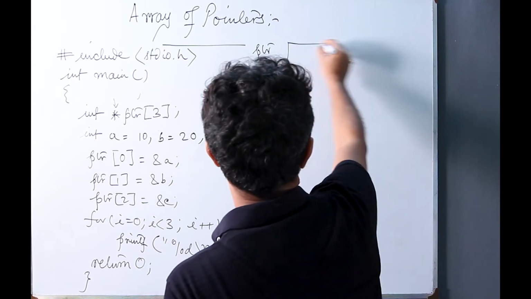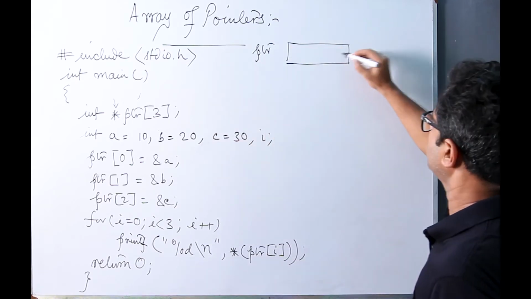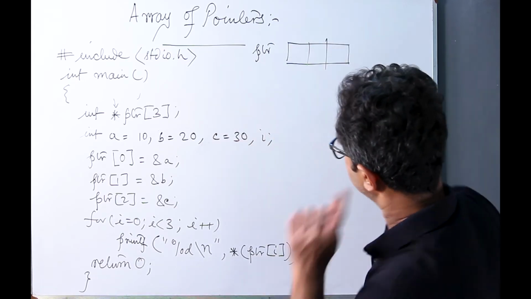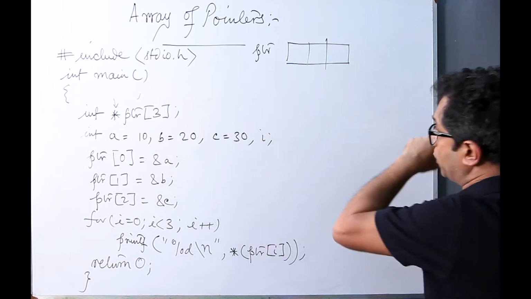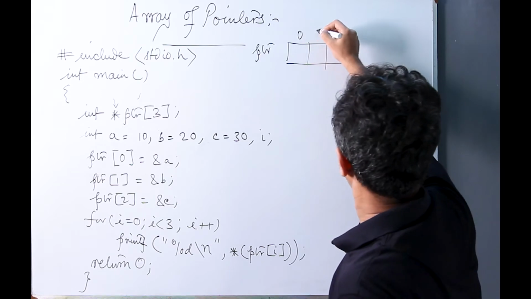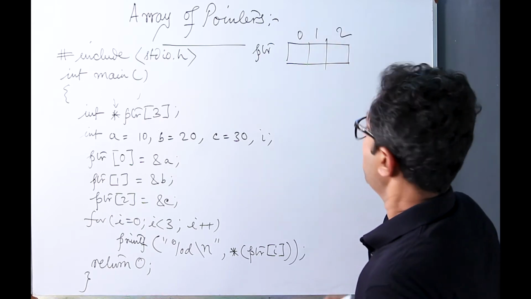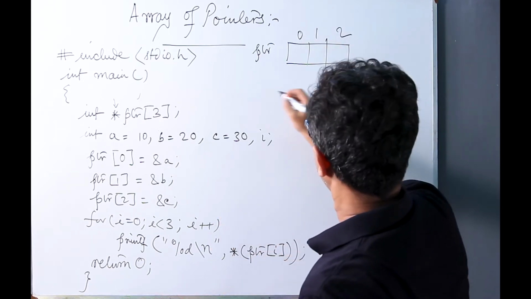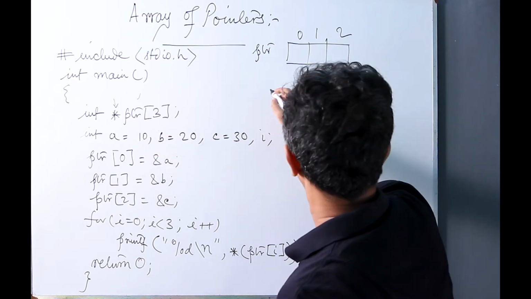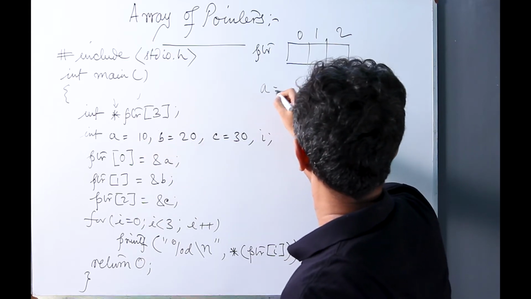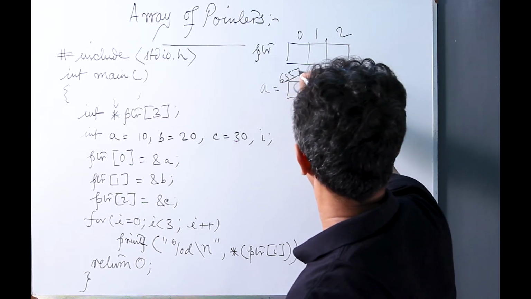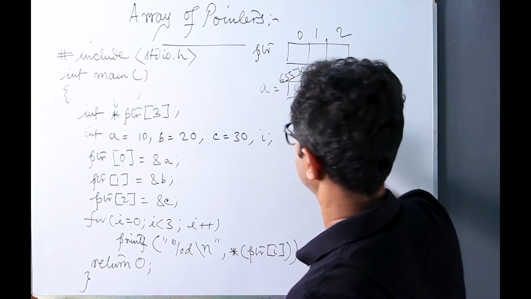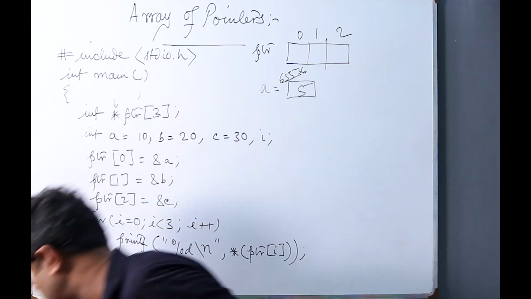It is a one-dimensional array, and it has 3 memory locations allocated to it. That is, this is 0, 1, 2, and whatever the variables are, suppose this variable a will be stored in a memory location like 65536. So this is not 5, this is 10.